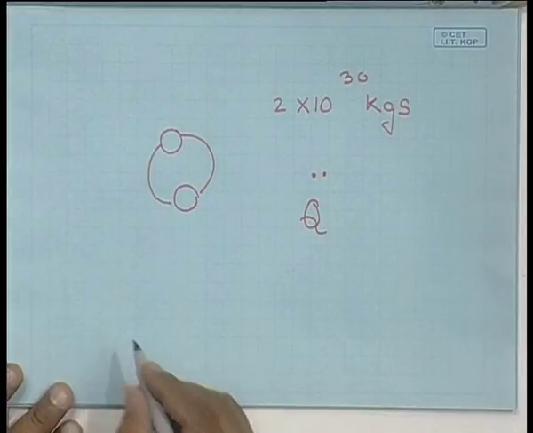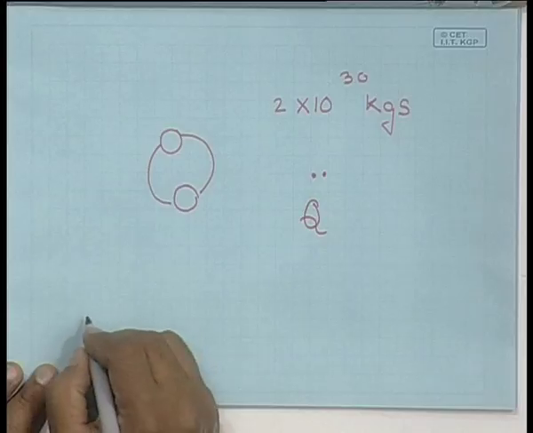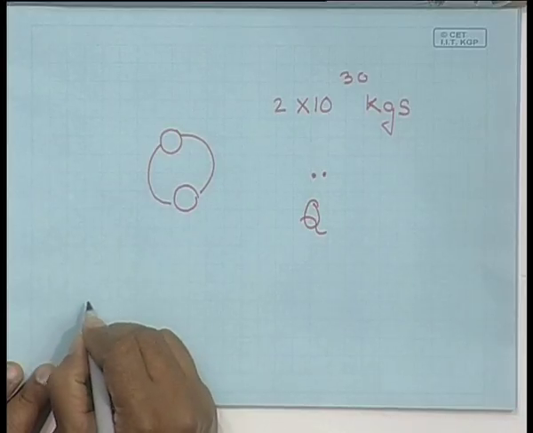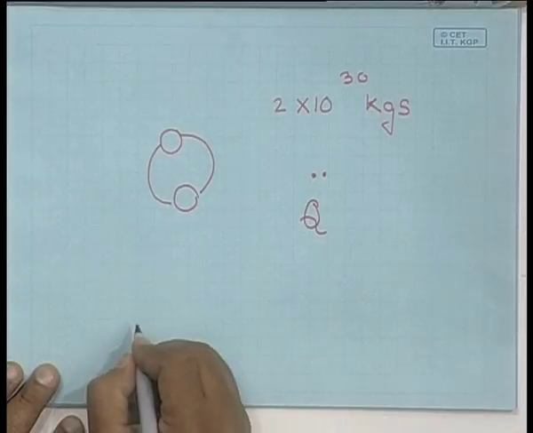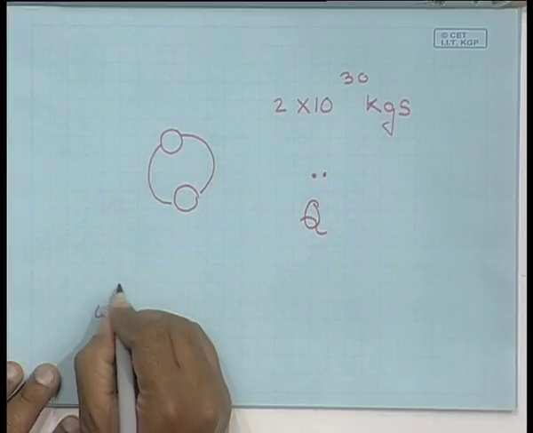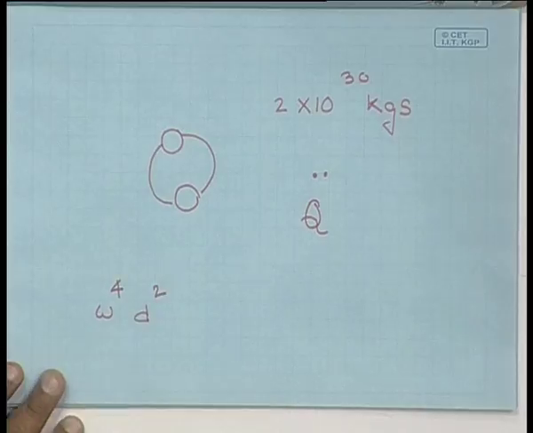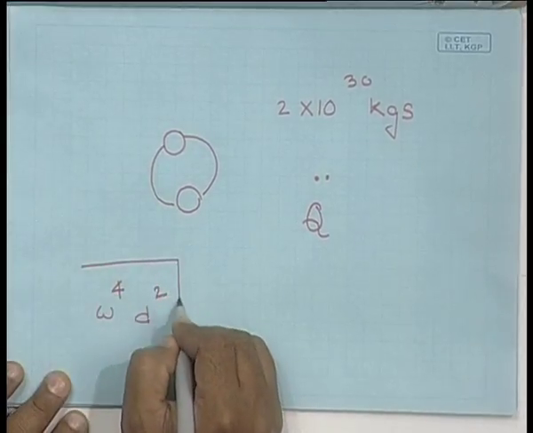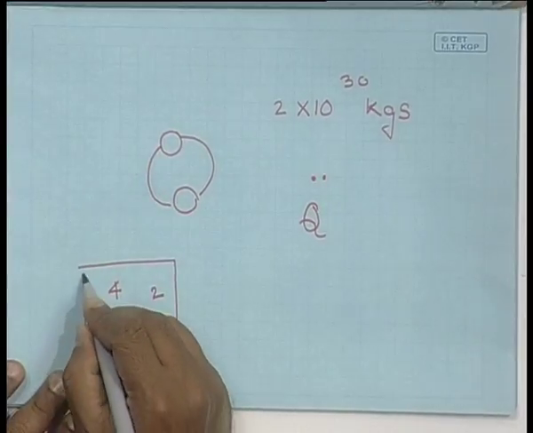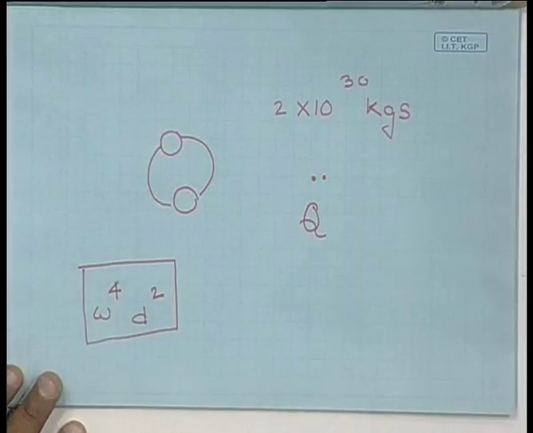We had seen for the dipole radiation in electromagnetism that the intensity of the radiation, the total power emitted, goes as omega to the power 4 into the amplitude of the dipole moment squared. So, you will have something very similar over here for gravitational radiation.